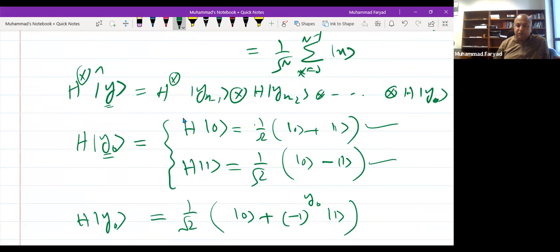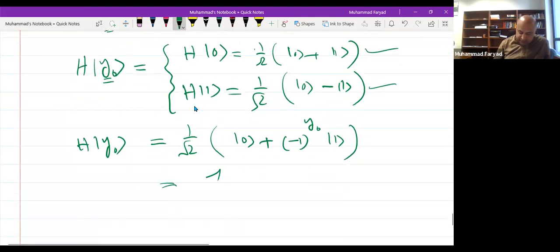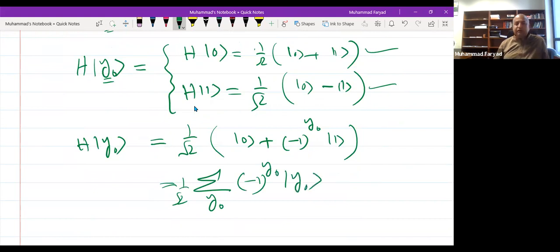This now gives me a tool to work with a general bit state and write the Hadamard output. Actually, I can even write it like this: sum over y naught, 1 over square root 2, and minus 1 power y naught into y naught.